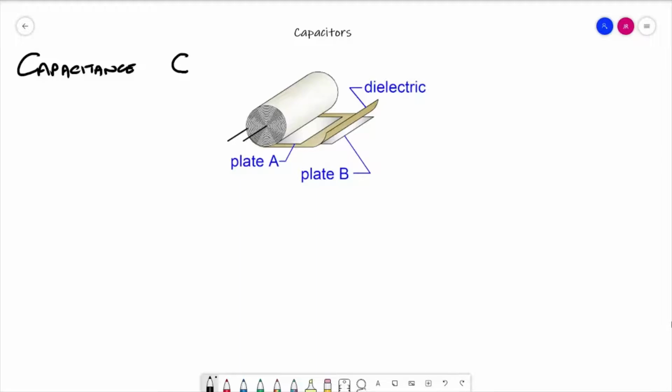Like I said, we will define that slightly better in future videos, but for now we'll just take this idea that capacitance measures in a way how much charge we are able to store in our capacitor.